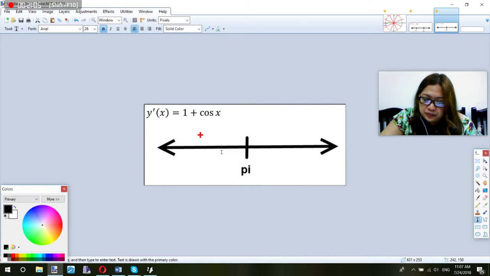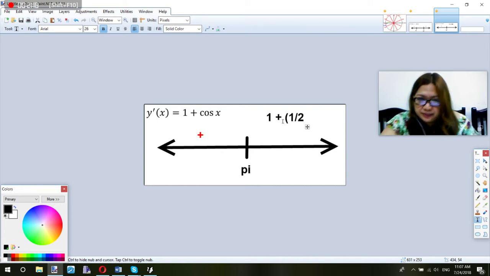So I've got 1 plus a value that is between 1/2 and 1.